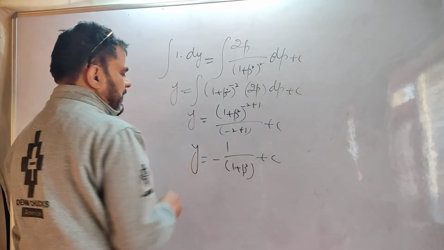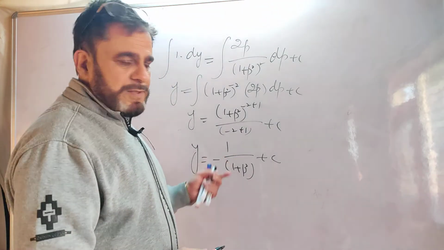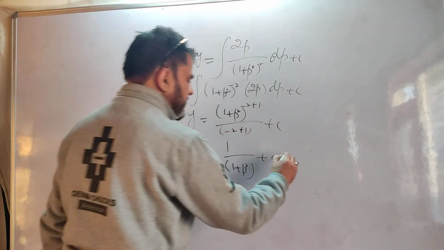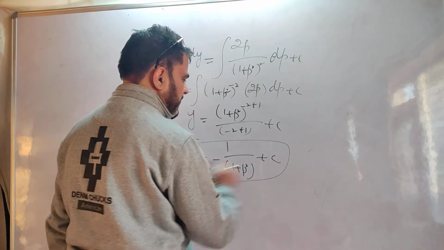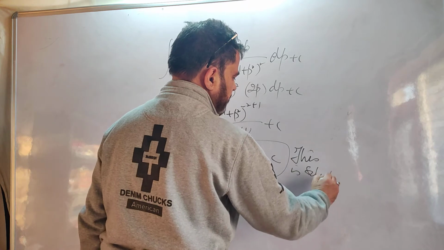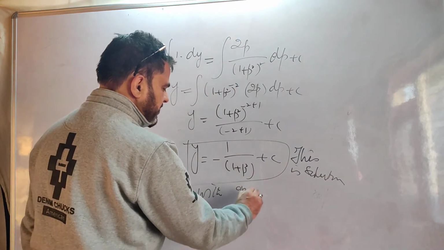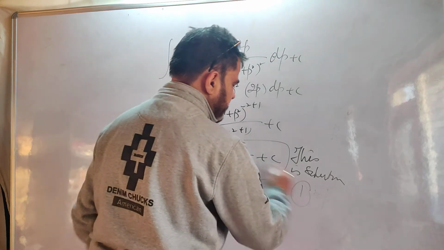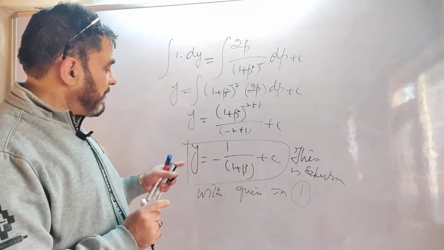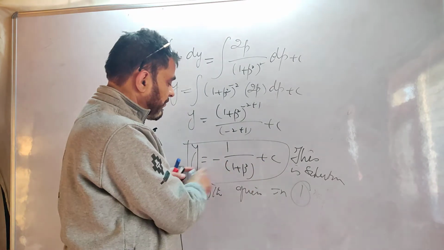Now it will take time here to eliminate the p. So what we do, we write this as the solution with the given first equation, because there you have x as a function of p and here you have y as a function of p.